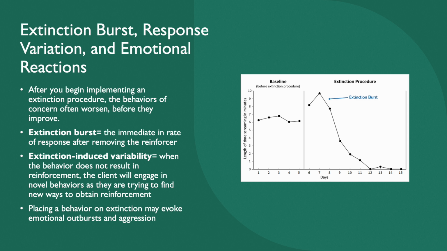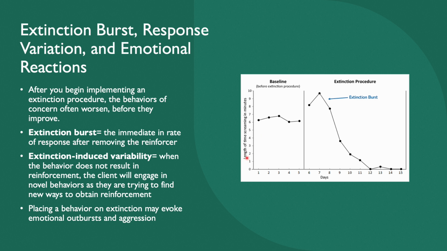So first we have the extinction burst, which is basically an immediate increase in the rate of response after removing a reinforcer. So you have your baseline data. Let's say that you've collected baseline data for a maladaptive behavior.